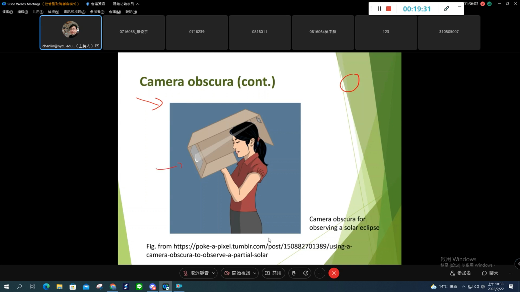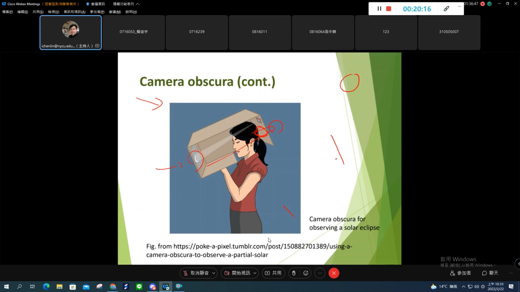One of the ways, in their homework, is they have to find a box, and use a pin to poke a hole here, just like this one. And their version is not putting their hand into the box. Their version leaves a so-called observation window here, so the student can use their eye to observe the variation of the solar eclipse. Right? So this is a kind of pinhole model.